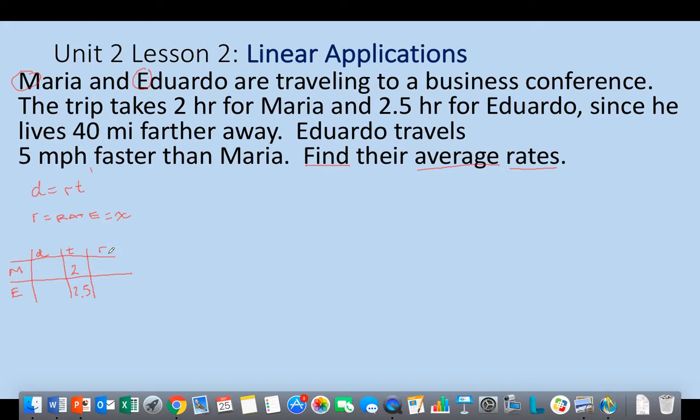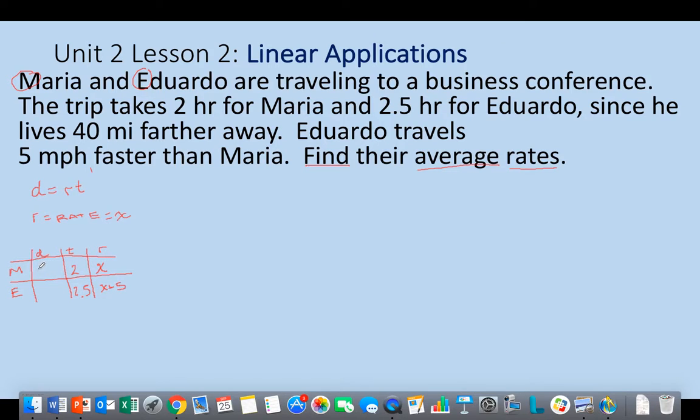And so, well, the rate, well, I don't have any idea how fast Maria goes, but I do know that Eduardo travels 5 miles an hour faster than Maria. So I'm going to say the rate is x for Maria, and I'm going to say it's x plus 5 for Eduardo, since Eduardo goes 5 miles an hour faster than Maria. And now distance, well, I know that distance is rate times time.